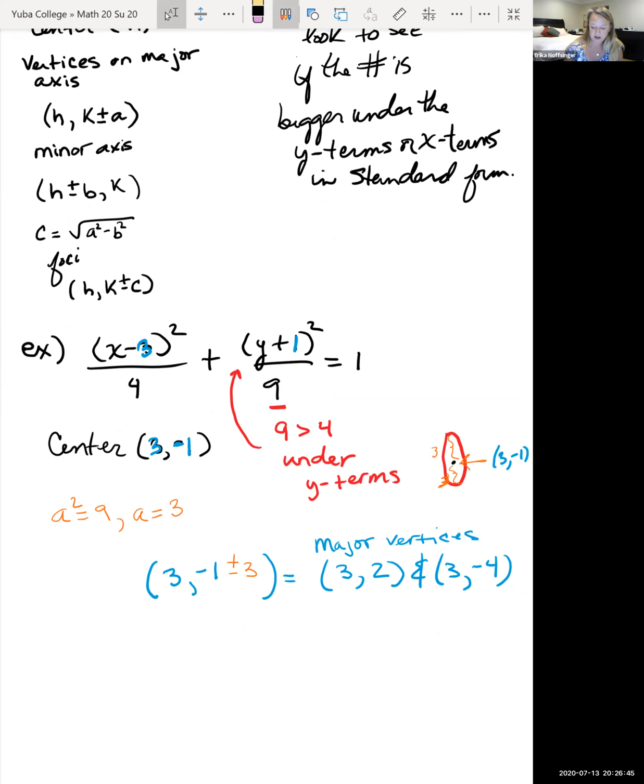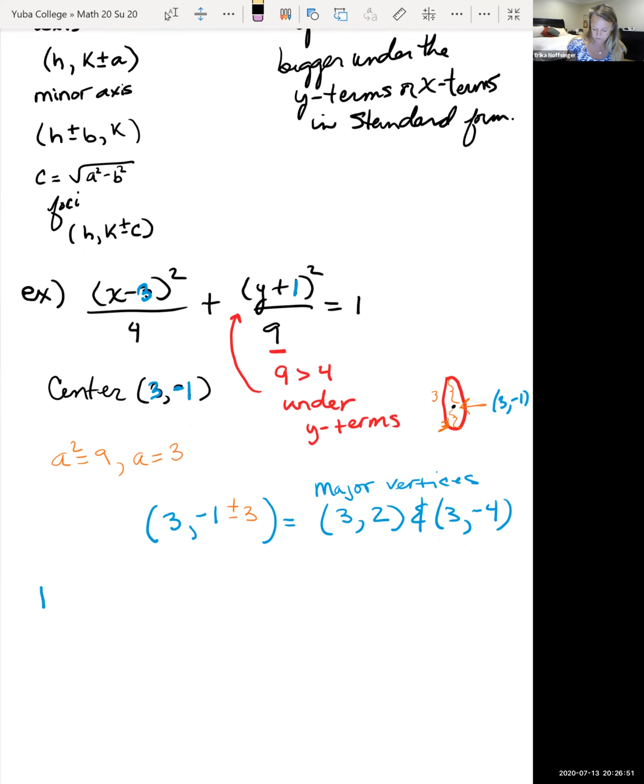My b squared value, that's the smaller value underneath in the denominator. So b squared here is equal to 4. So b, because we're talking about distance, is 2.